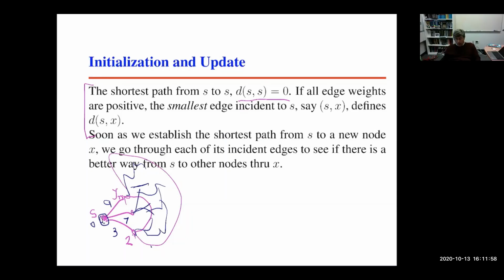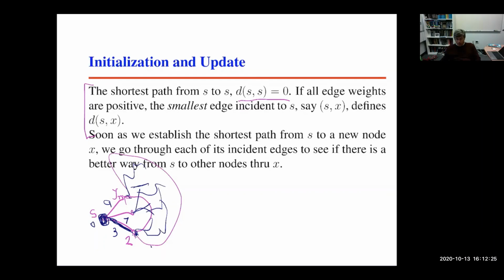Wait, is that claim right? I know that the cheapest way to get from S to Z here is going to be 3. Why do I know there can't be any cheaper way to get from S to Z? You may say, well, if I start out going to Y, I've already paid a cost of 9.